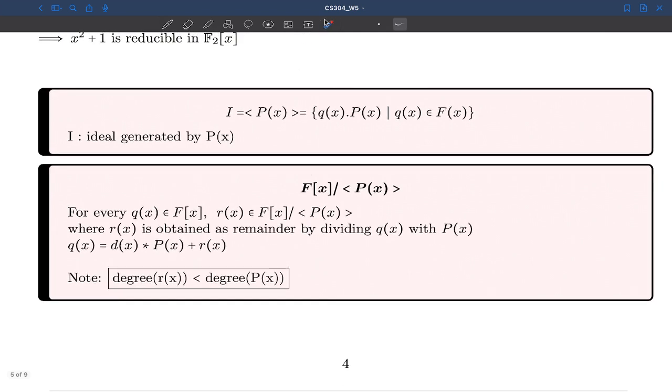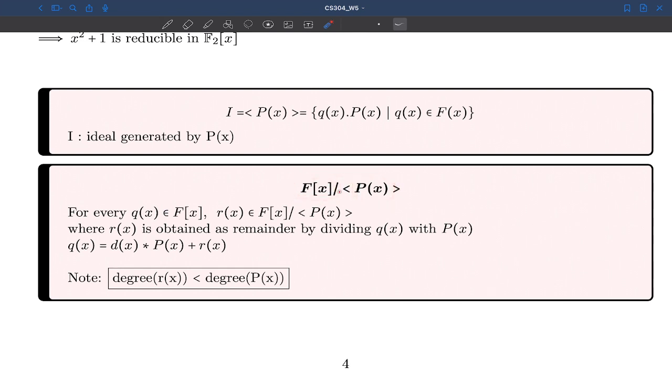This is another kind of important set. So what kind of polynomials or elements will this set have? You know what F[x] is. F[x] has all the polynomials, and what I'll do, I divide every element in F[x] with p(x).